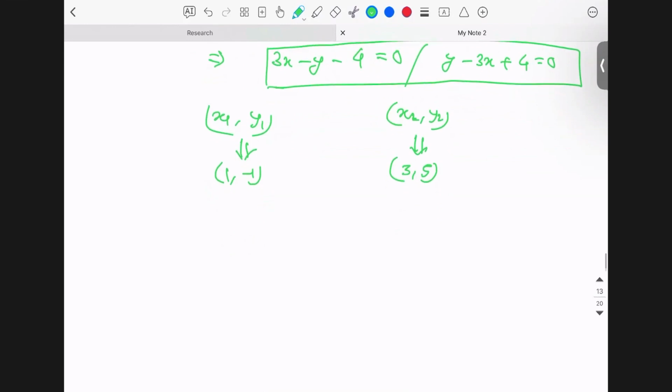Using this information, we rewrite the equation. The equation will be y minus y1, so y1 is 1, this will be the first part. Then (y1 minus y2) divided by (x1 minus x2) into (x minus x1). Now let's simplify it.